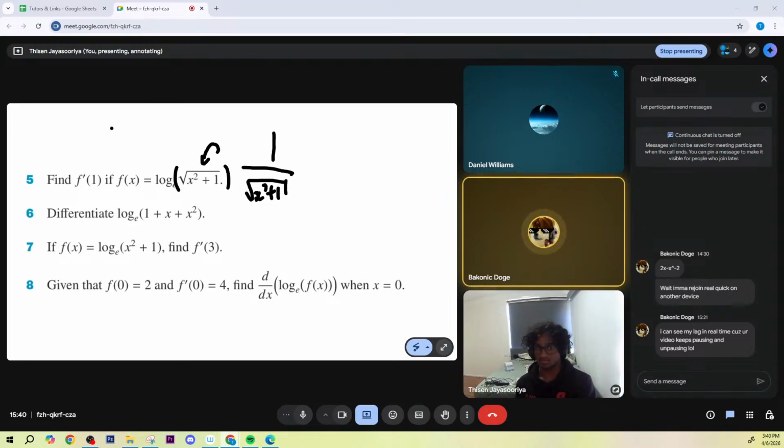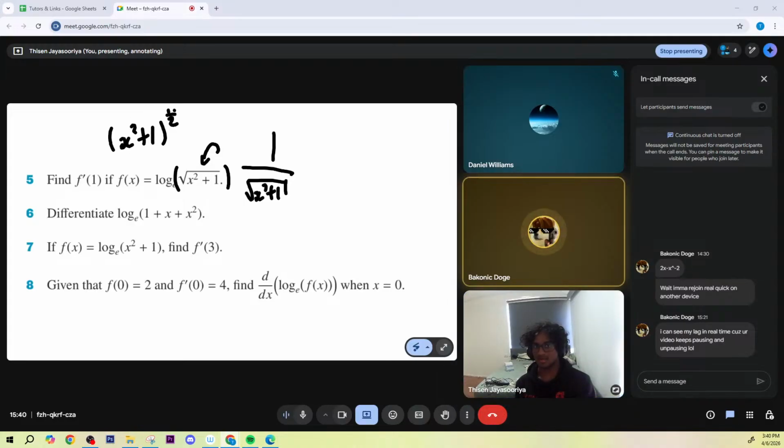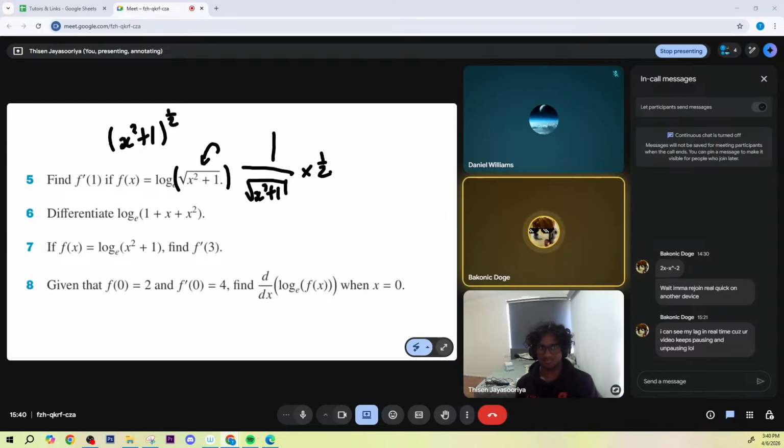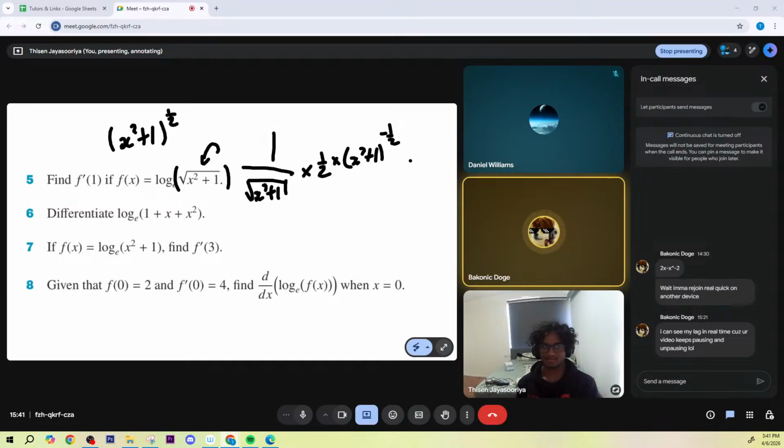So u would be equal to x squared plus 1 all to the power of half. How can we differentiate this quickly? Half times x squared plus 1 to the power of minus 1 over 2. And then what's the derivative of the inside function? 2x. Does that make sense to you, Daniel?